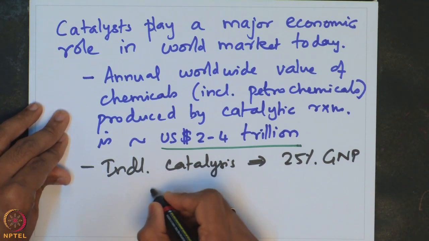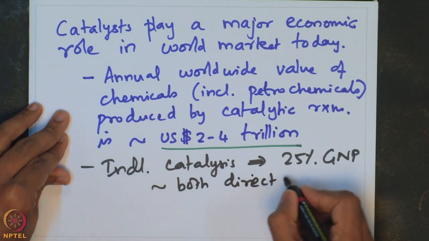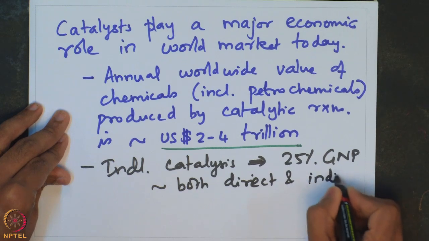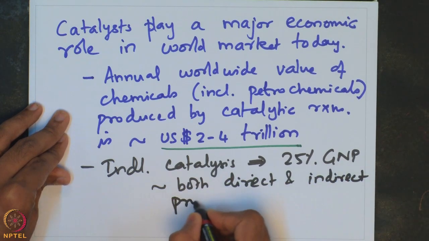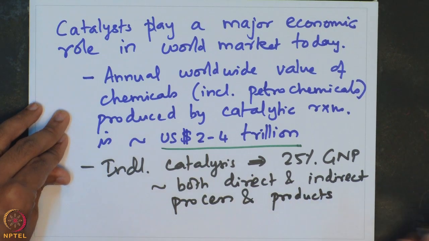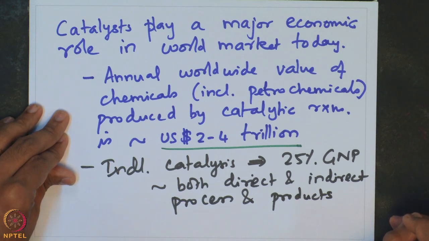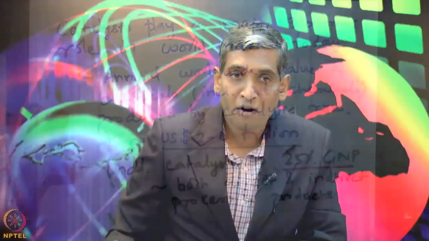In fact, it includes all the direct and indirect processes and products involving catalysis that contribute to 25% of the gross national product of the developed countries. So, it is a staggering number, and as you can clearly see from these numbers, the use of catalyst plays an important role in the world market today, and it actually means a lot of money.